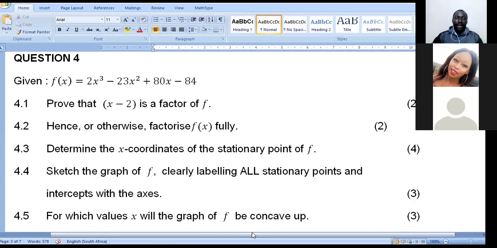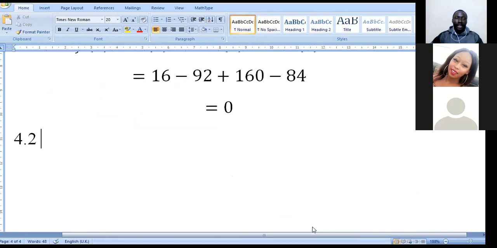Hence, or otherwise, after proving that x minus 2 is a factor, we then have to factorize that. So how do we factorize this? Well, we then have to divide this expression by that. Let's see how we can do the division.